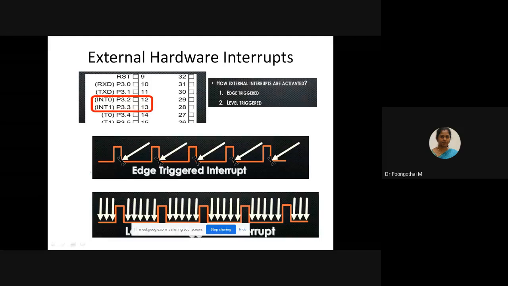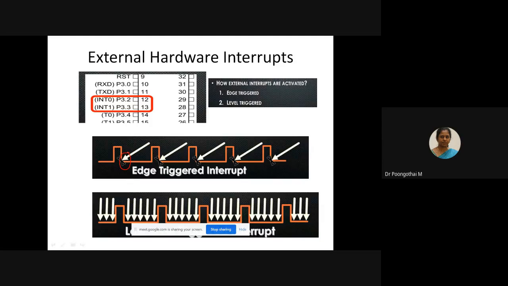As soon as the high to low transition is detected, the interrupt signal is sent and 8051 executes the interrupt service routine. That is the concept behind edge triggered signal. So your 8051 will recognize the interrupt at the edge of the clock pulse.